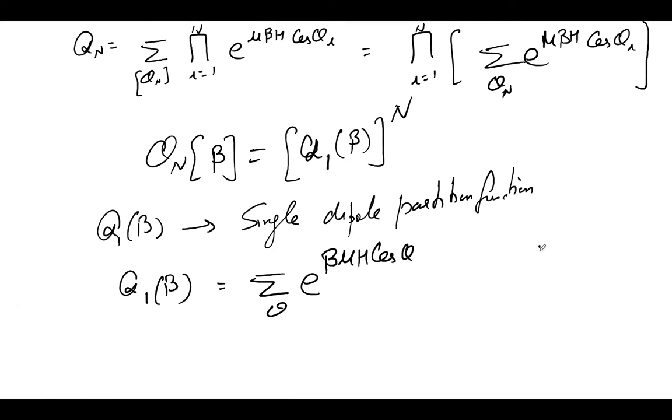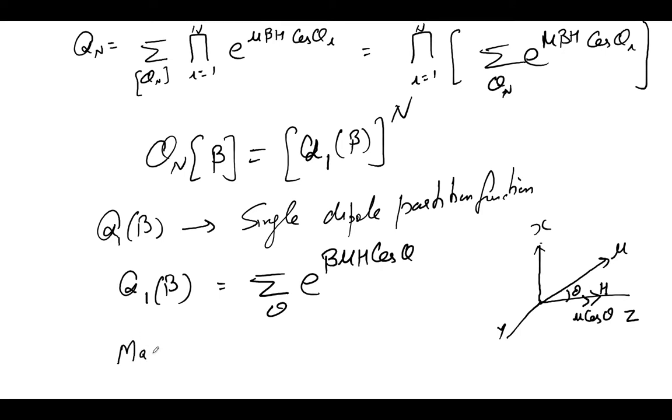So this is our x-axis, this is y, this is the z-axis, and if our field h is applied along the z-axis and the dipole has some orientation at angle theta, then the value of mu cos theta will be parallel, aligned along the direction of the magnetic field.